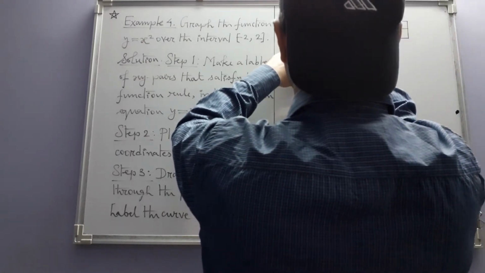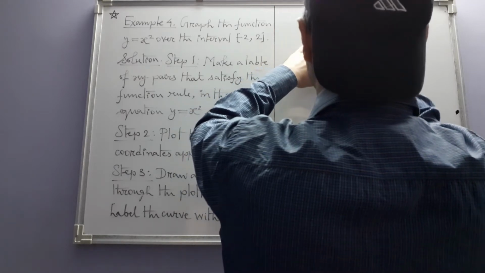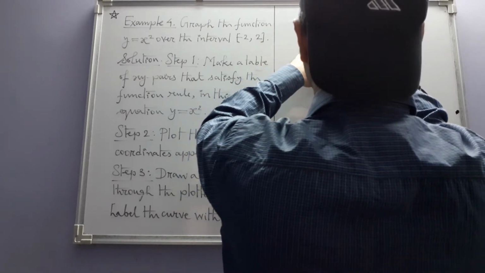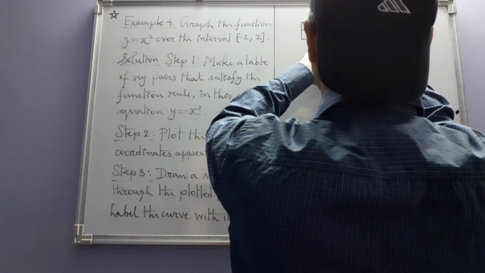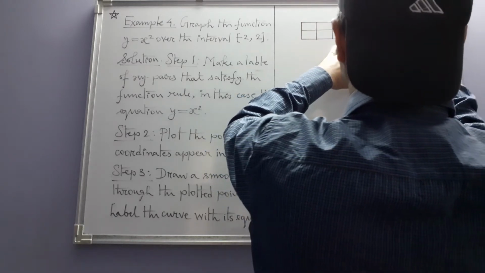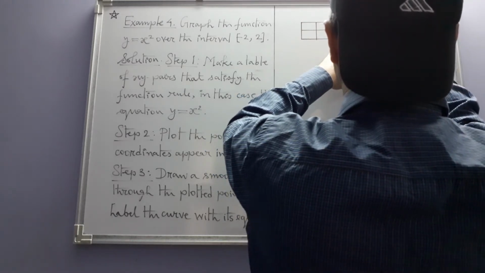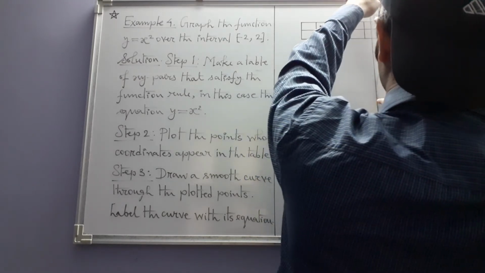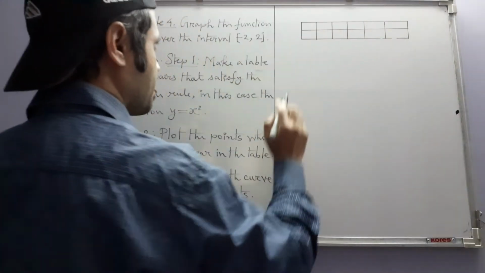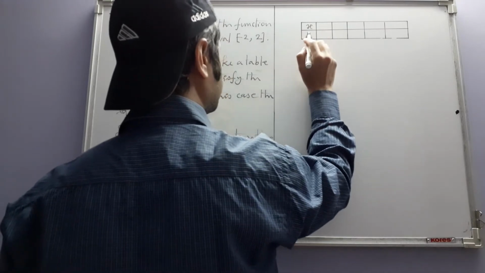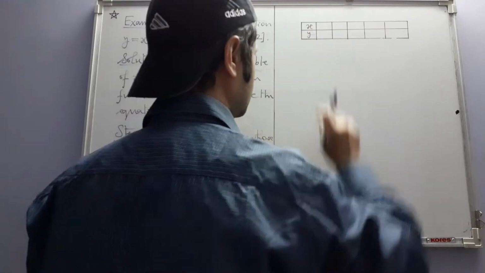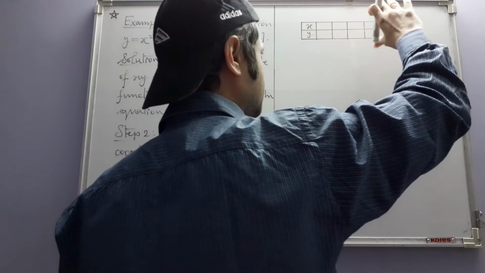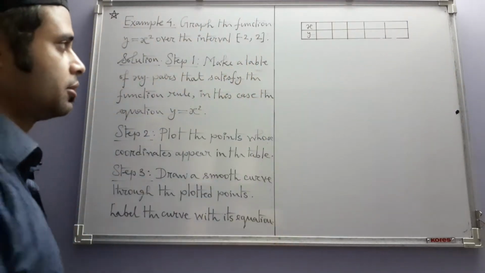So this is x and y. -2, -1, 0, 1, 2. So these are the xy pairs. Okay.